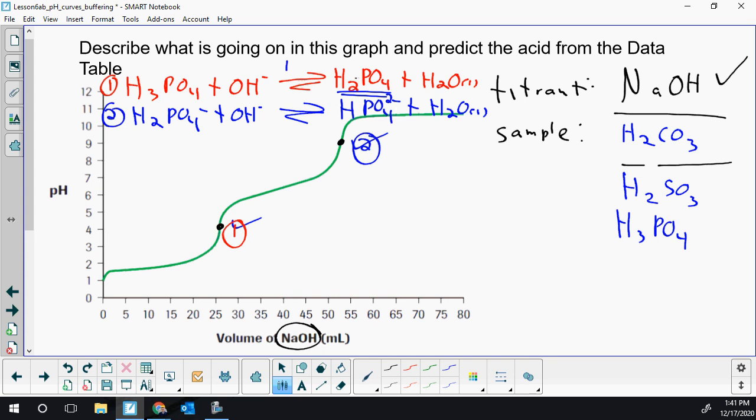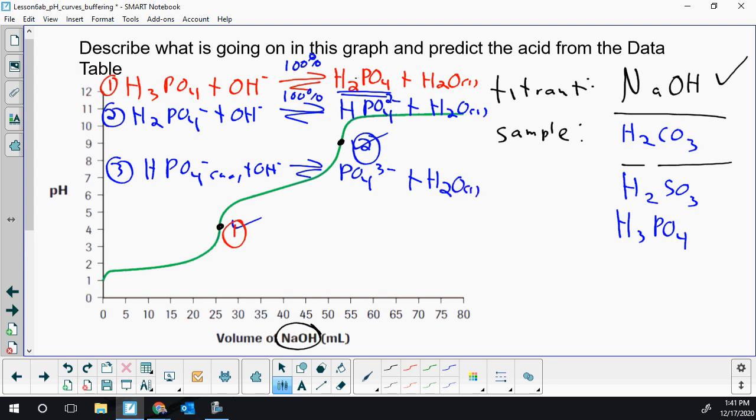We know this one was 100%. We see an equivalence point. This second reaction was 100%. What we don't see is a third reaction. We don't see HPO4 2- reacting with hydroxide to make PO4 3- and a third water.